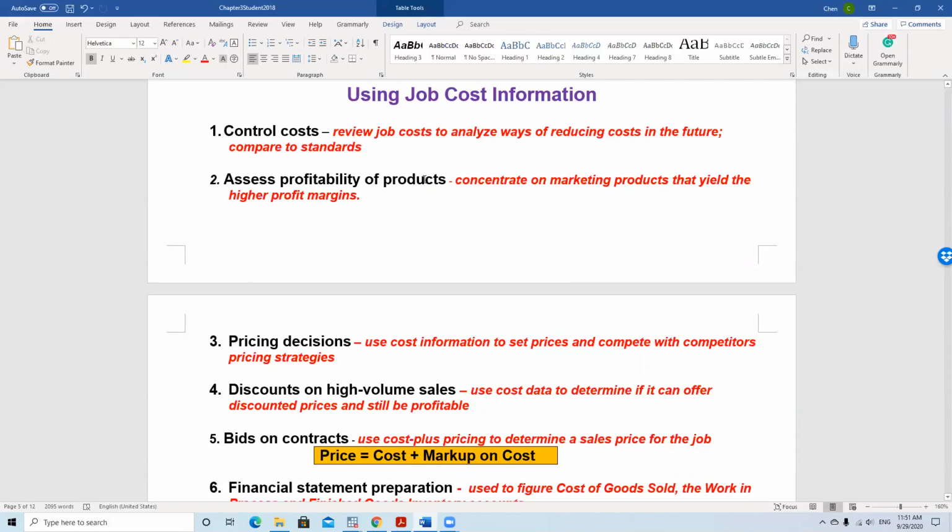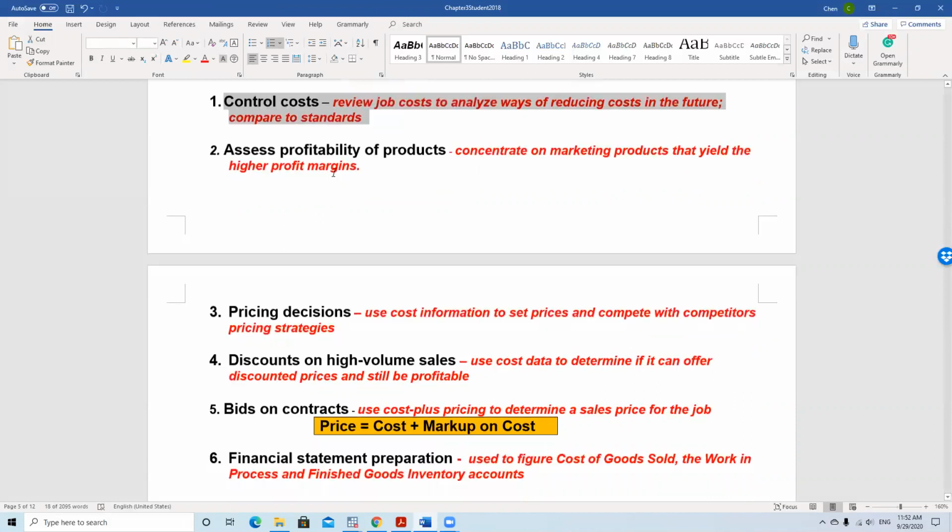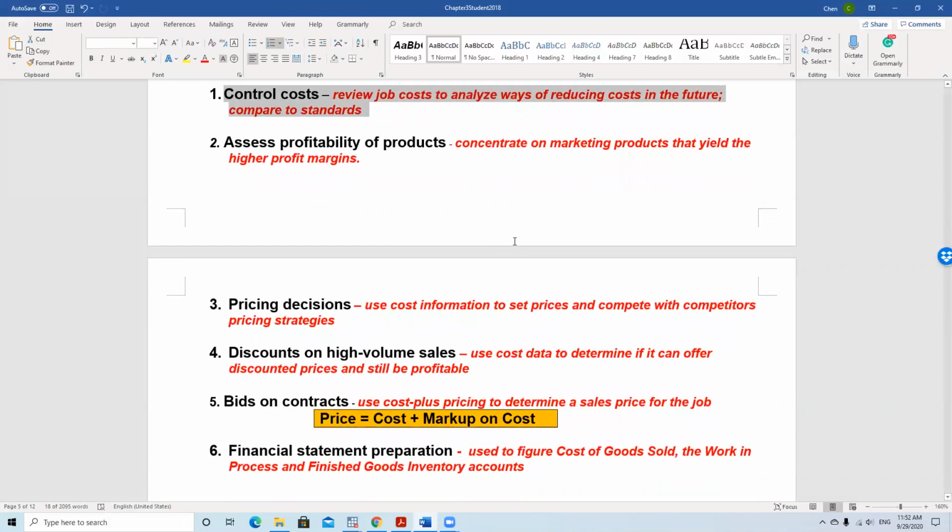Did you allocate more, or did you allocate too less than what it should be? And if there's a problem, try to control your cost. And also, you need to assess the profitability of products, and you need to concentrate on marketing products that yield higher profit margins so that you can make more profit.